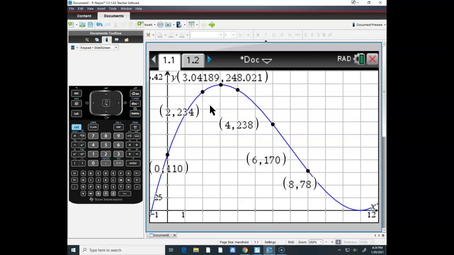And number 9 says, approximately what was Ella's rate of change of velocity when t equals 5? Well, her rate of change of velocity, if this is the velocity curve, they're saying what is the instantaneous rate of velocity at t equals 5?